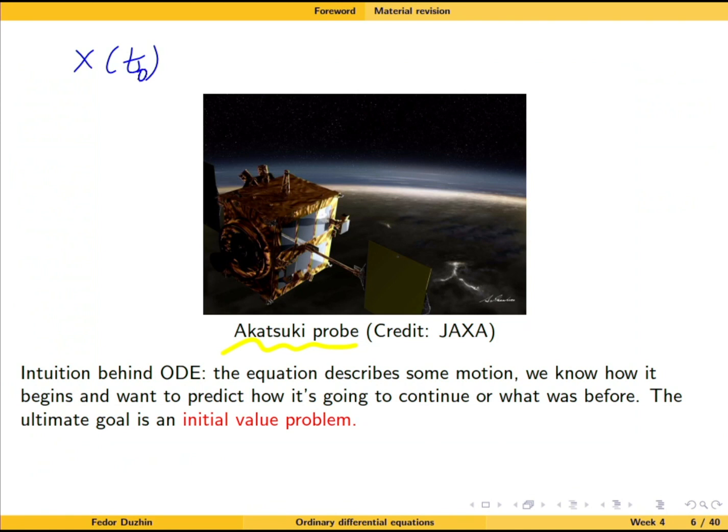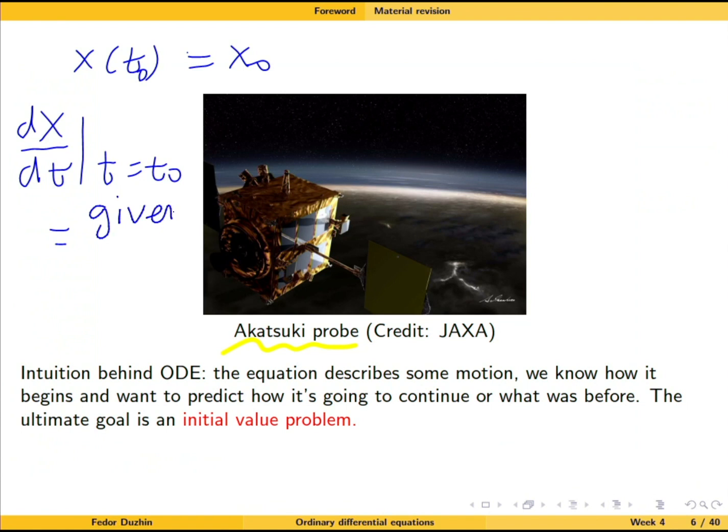What we know is its position at a certain point, and then dx dt at t, the initial speed, is given by burning the fuel.